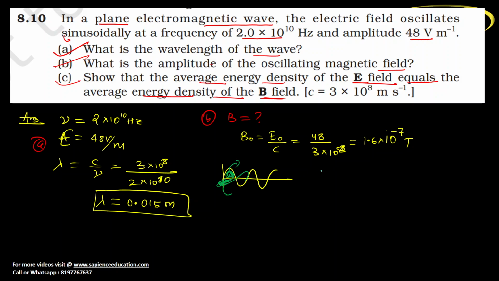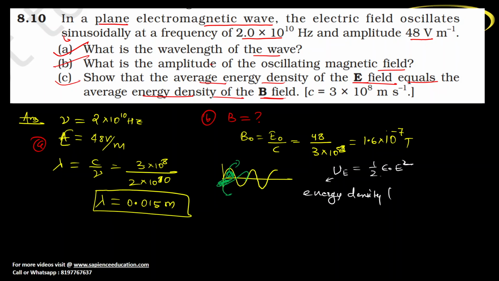If you talk about the energy density for the electric field, we can write U_E equal to 1 by 2 into epsilon naught into E square. So this is the energy density for the electric field.